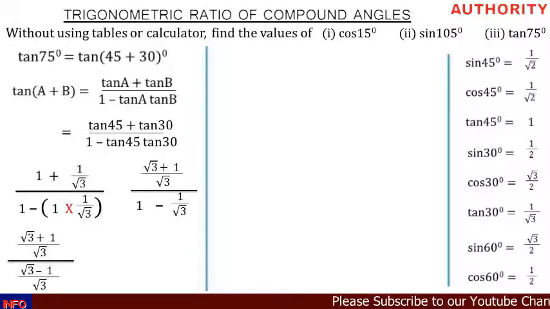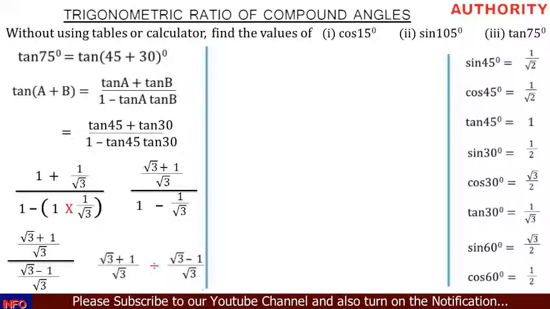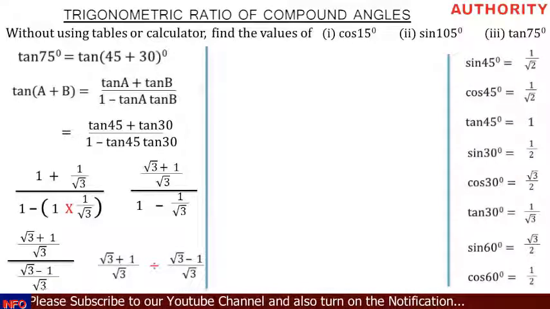This is complex. We can split it into 2. When we split it into 2, it is the same as saying root 3 plus 1 all over root 3 divided by root 3 minus 1 all over root 3. For us to perform this operation, we're going to change this division sign to multiplication, thereby resulting in inversion.